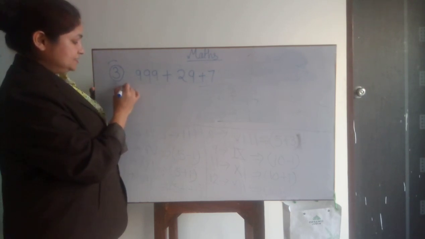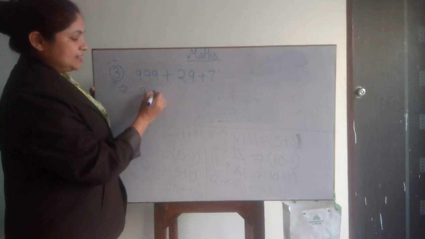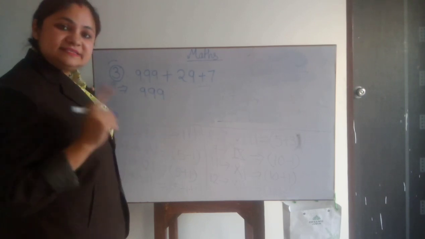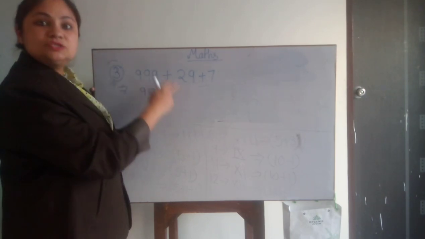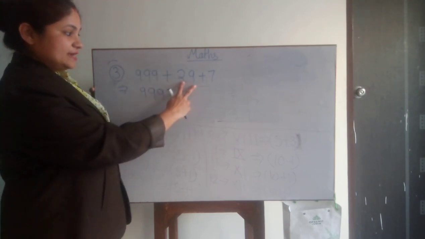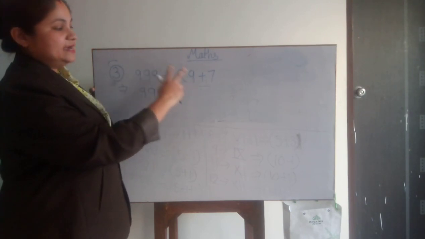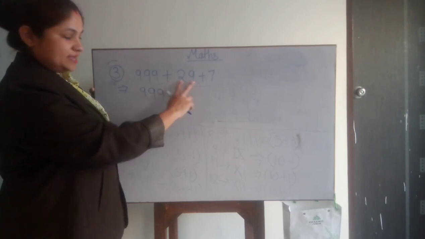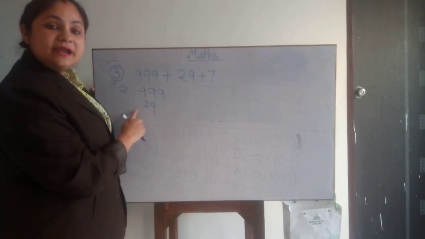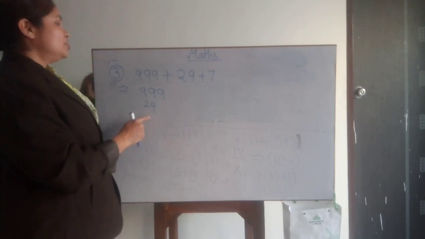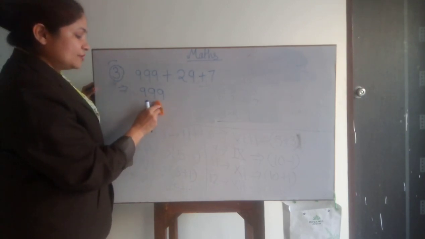Okay, so let us start. It is 999, so we have written 999 here. Then the second number is 29. It is a 2-digit number, while the first is a 3-digit number. So we can't write 29 here; if you write 29 here, your answer will go wrong.